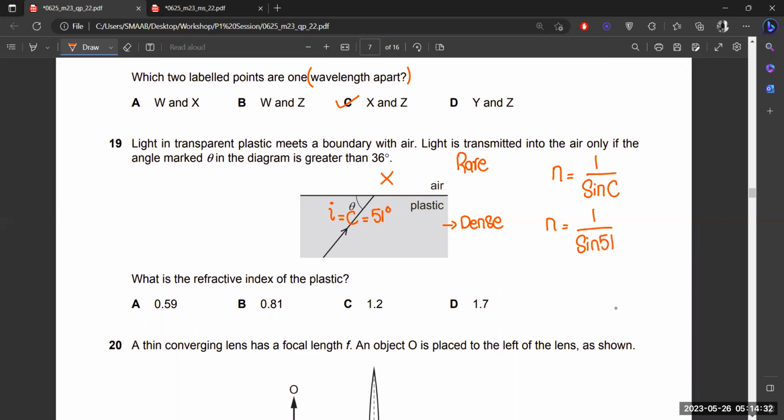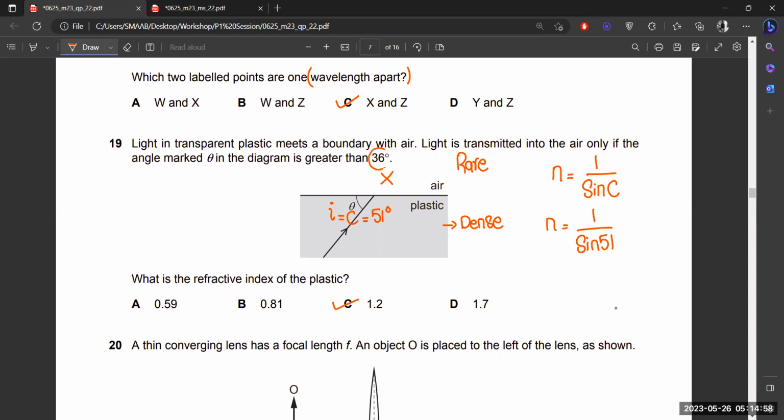And if you calculate the value, let me check what the answer will be. Okay, so 1 divided by sine 51 is 1.28. So it means 1.2, that is option C.